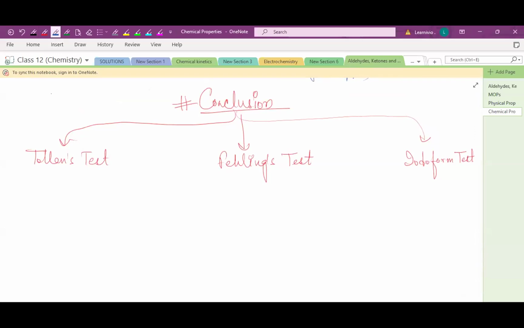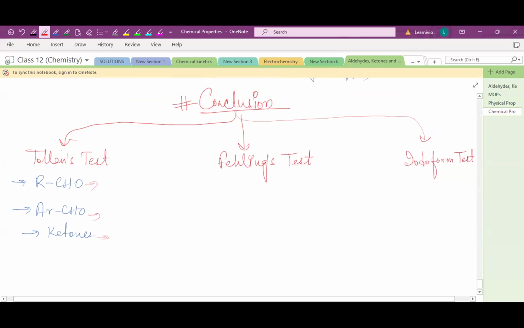Now, if we take aliphatic aldehyde, aromatic aldehyde, or ketones, the Tollens test, which compound will give the positive Tollens test?